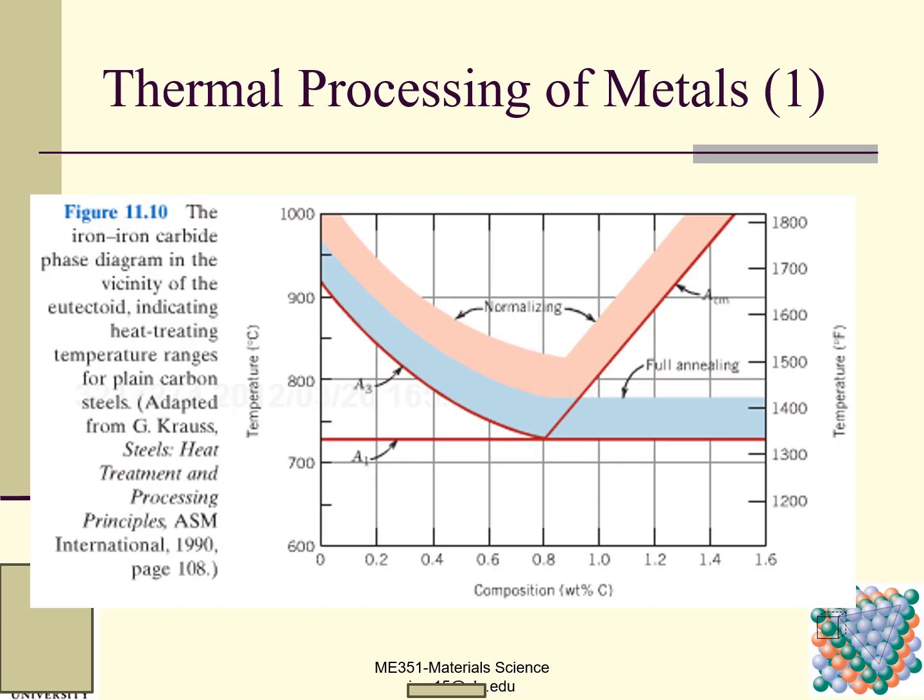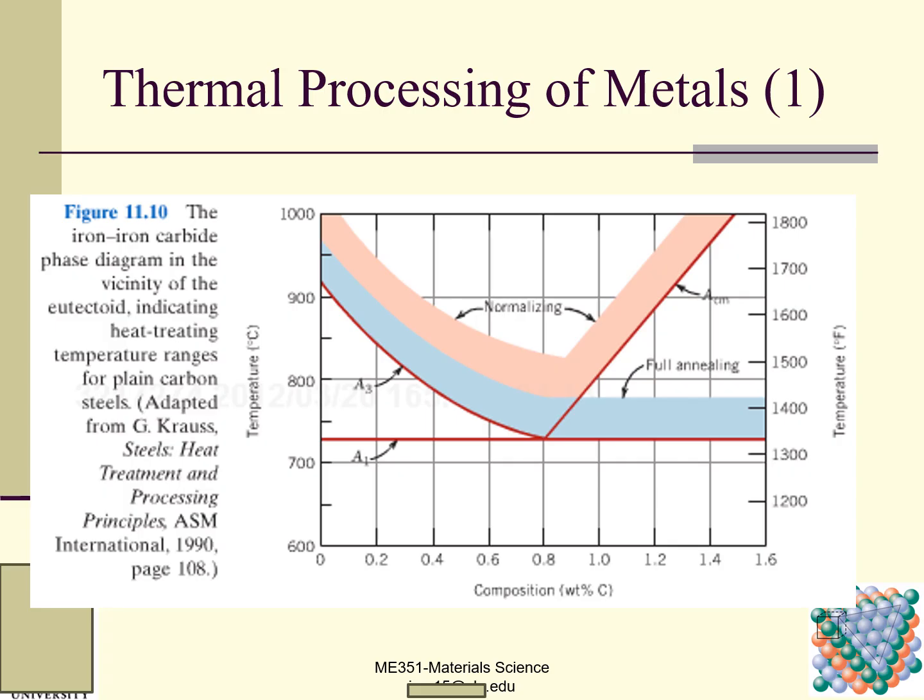So here is this picture. This photo shows the thermal processing of metals. You can see the iron-iron carbide, or cementite, phase diagram in the vicinity of the eutectoid, indicating heat treating temperature ranges for plain carbon steels.